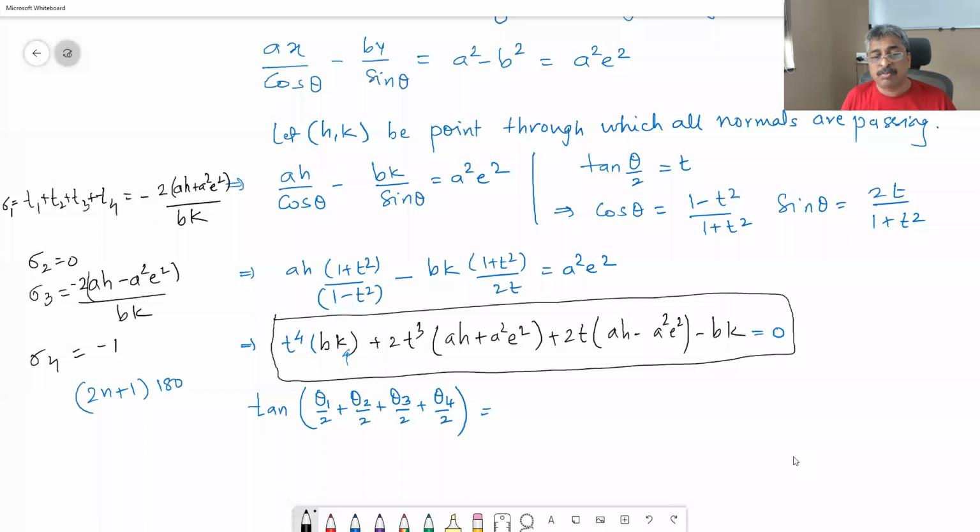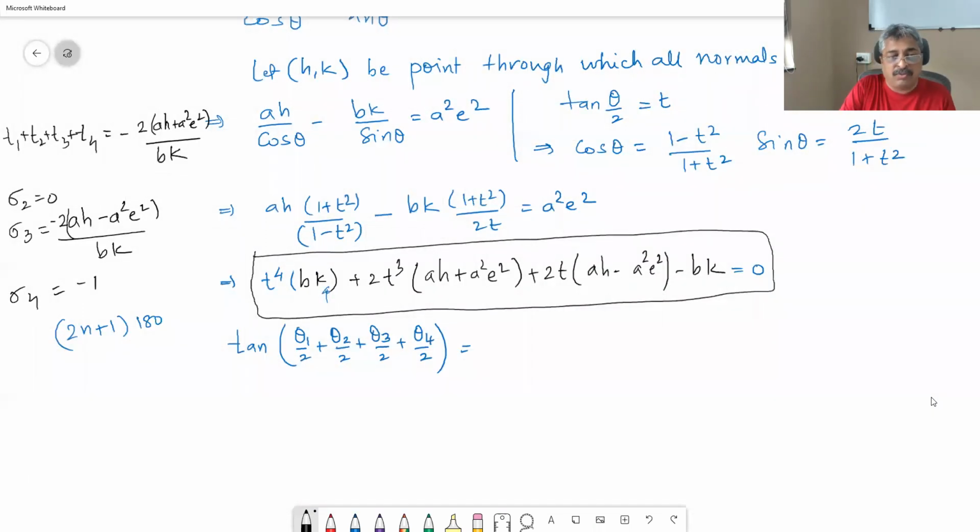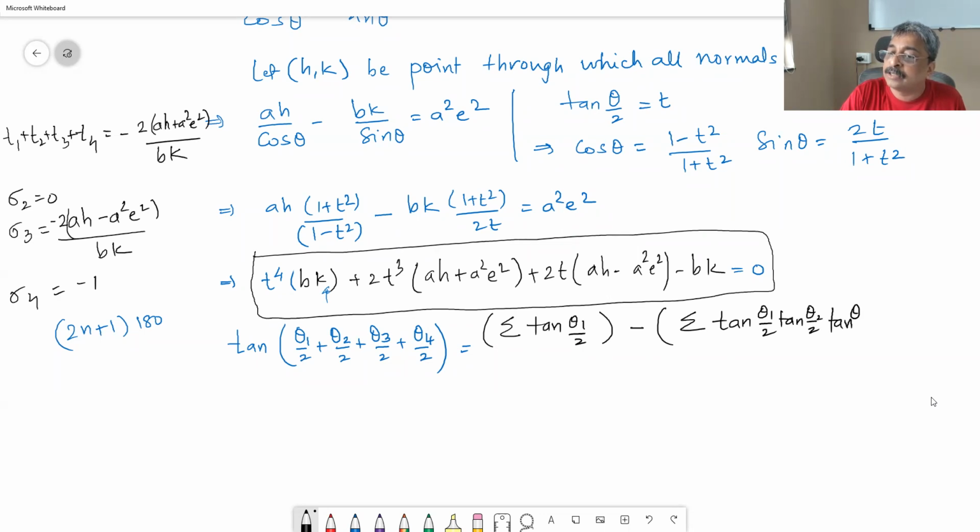Now I have asked you to expand this summation of 4 angles and tan of it. Then you will end up getting sigma tan theta 1 by 2, that means tan theta 1 by 2 plus tan theta 2 by 2. That is your first term in the numerator, minus the second term in the numerator, sigma tan theta 1 by 2 tan theta 2 by 2 tan theta 3 by 2, 3 at a time, all of them. Sigma takes care of that. This is your numerator.